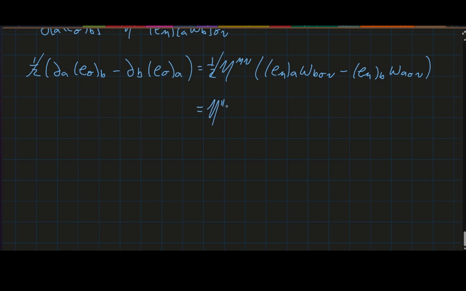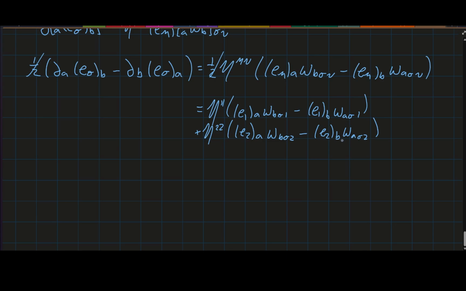Let's say eta 1/1 times E1 A omega B sigma 1 minus E1 B omega A sigma 1 plus eta 2, let's see, E2A omega B sigma 2 minus E2B omega A sigma 2, and then at the end of the day we can just plug in these values for eta and we get a right hand side like this.